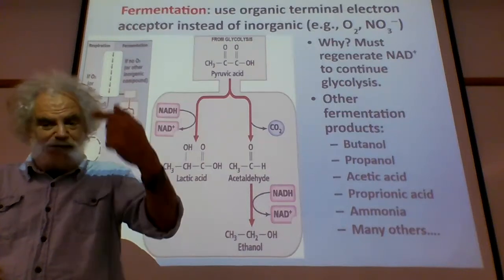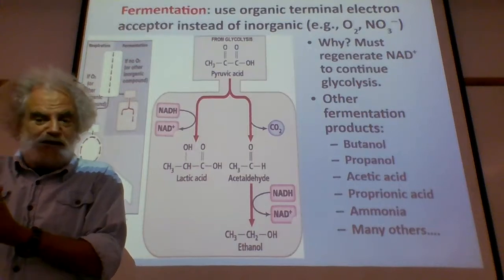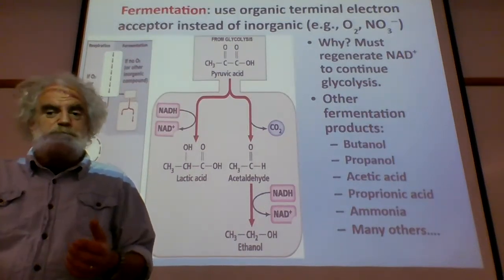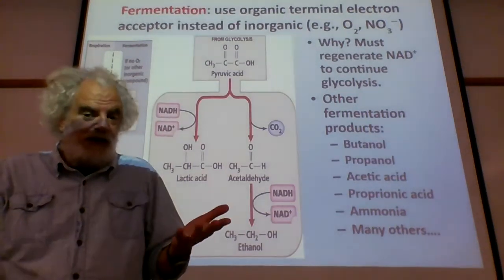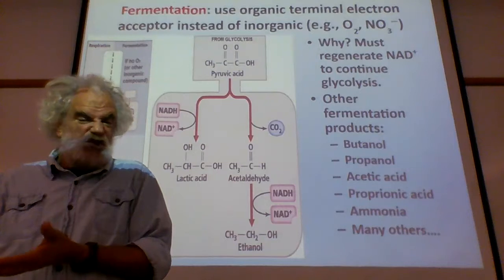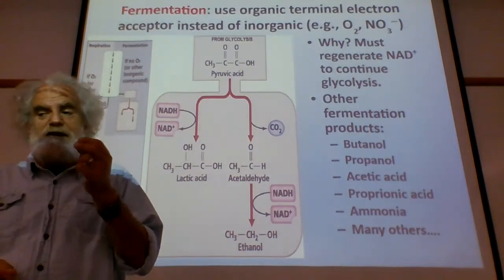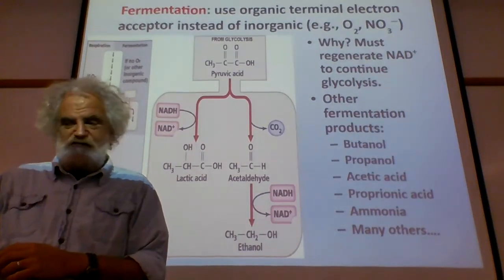NAD is typically regenerated by using oxygen to dump the electron off of NADH. If there's no oxygen, and you can't carry out anaerobic respiration like you and I can, I just can't use sulfur or nitrate, you have to carry out fermentation, where we use pyruvate as the final electron acceptor.